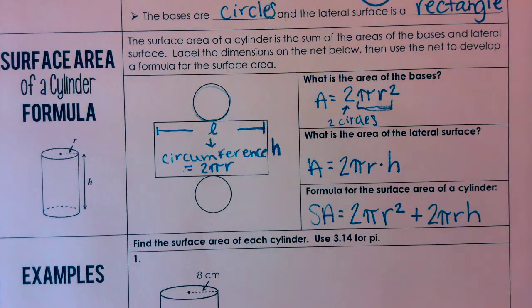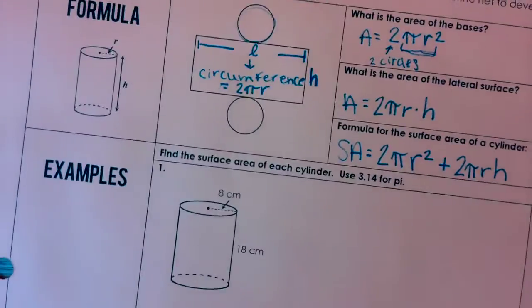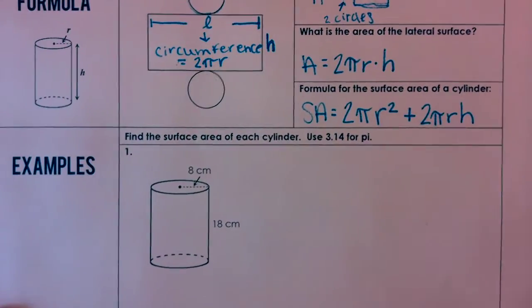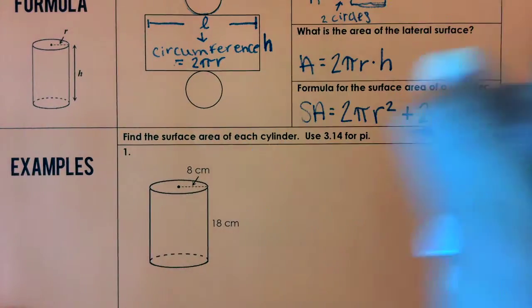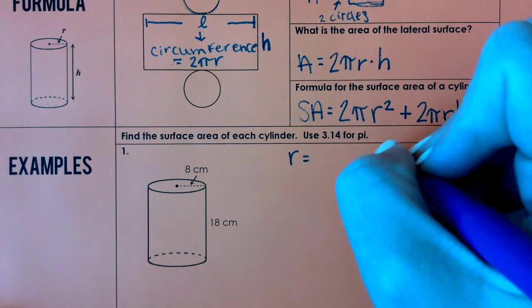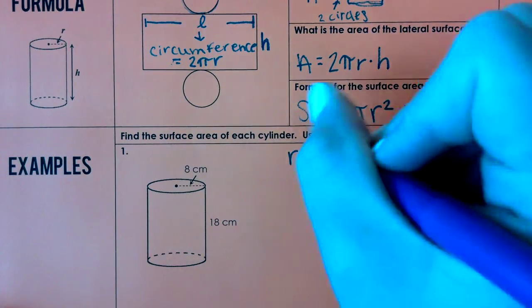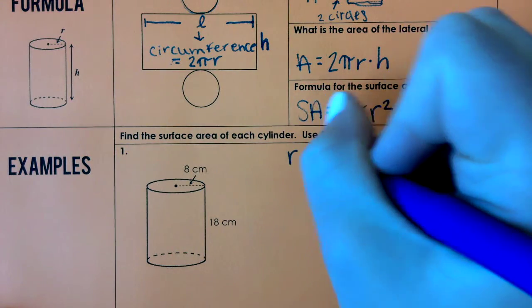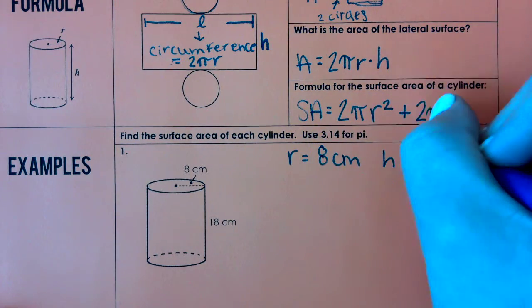Now we're going to find the surface area of our cylinders. I need to know my radius and my height. My radius is 8 centimeters and my height is 18.